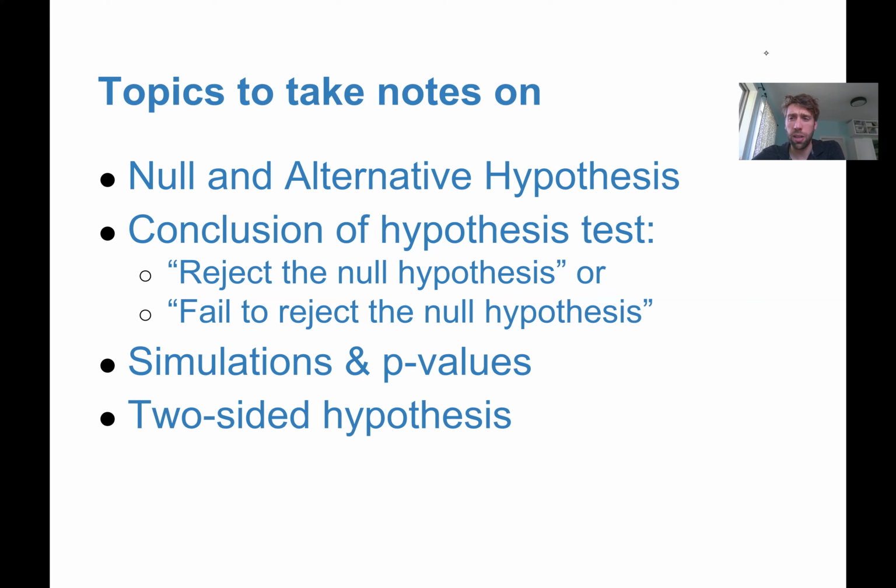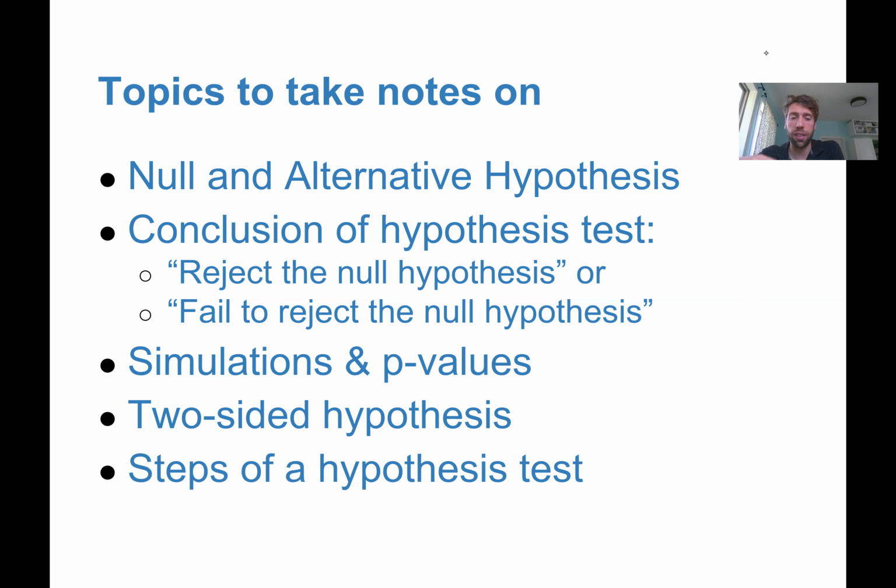We're going to talk about the two-sided hypothesis test as well as the steps of a hypothesis test. Even though this is a case study, these are all things we will be talking about for the rest of the class, so everything on here is very important.